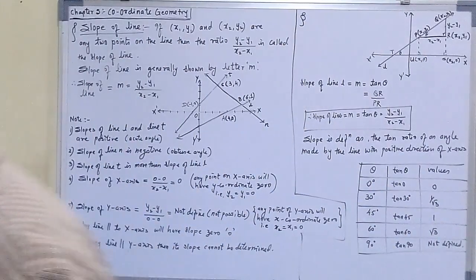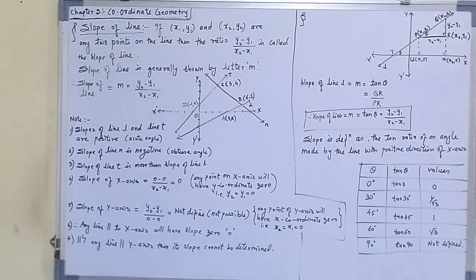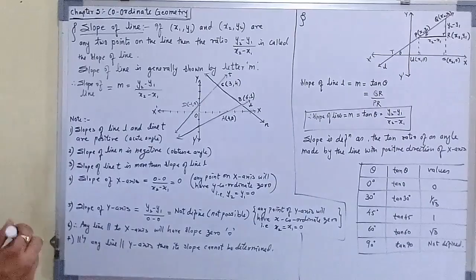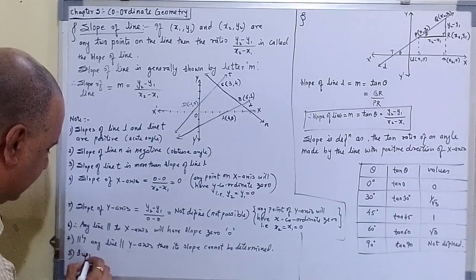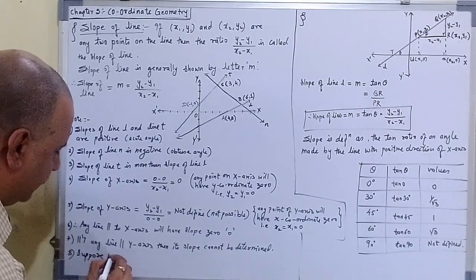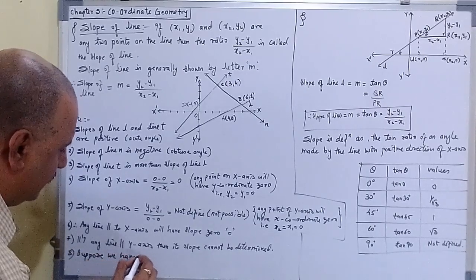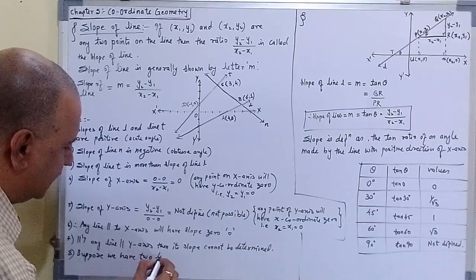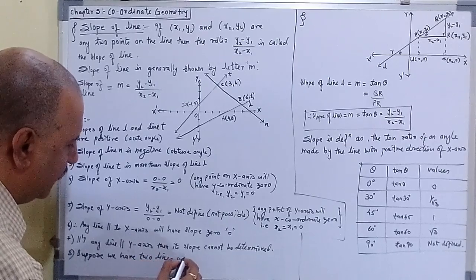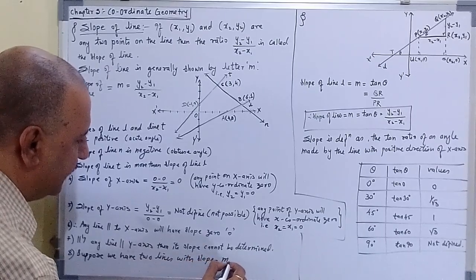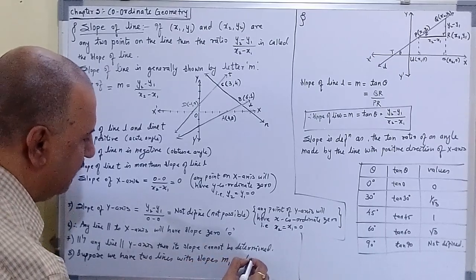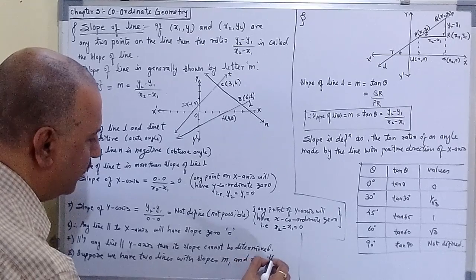There is one more point which I would like to explain. Suppose we have 2 lines with slopes m1 and m2.